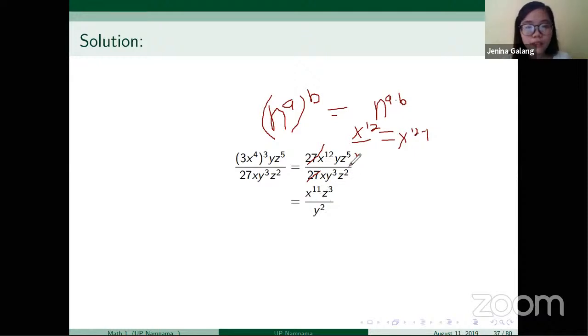And also dun sa y over y cubed, we have y raised to 1 minus 3, which is y raised to negative 2. So ibaba na lang natin yun para wala tayong negative exponent.